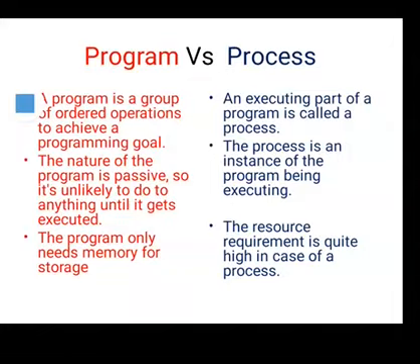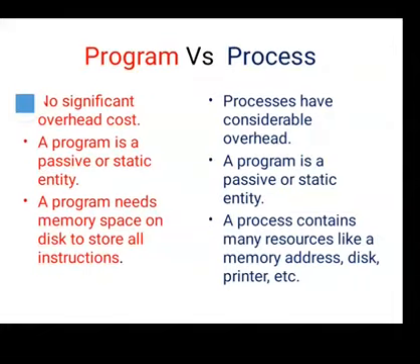But a program is a passive entity, so there is no significant overhead cost, because a program is silently stored in a disk, or we can say on paper. But when we run the process, there is extra overhead. We have to maintain it, schedule it, and run it. It requires CPU time and main memory also.